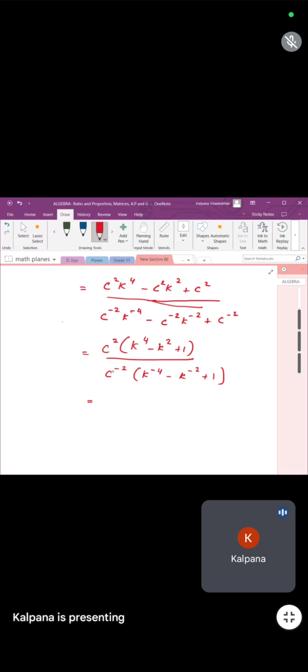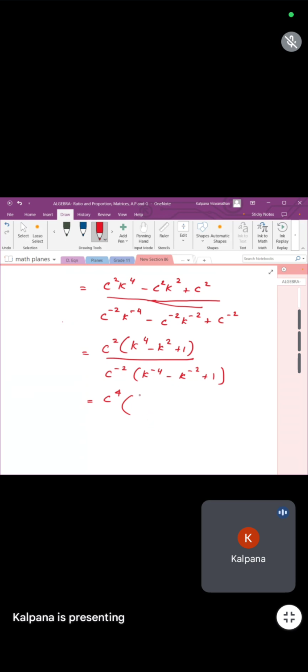Now, for the same basis, what do we do? We can take C power minus 2 up, it will become C power 4. And we can write the denominator in terms of positive powers, as we have a negative power here. So K power minus 4 can be written as 1 by K power 4.